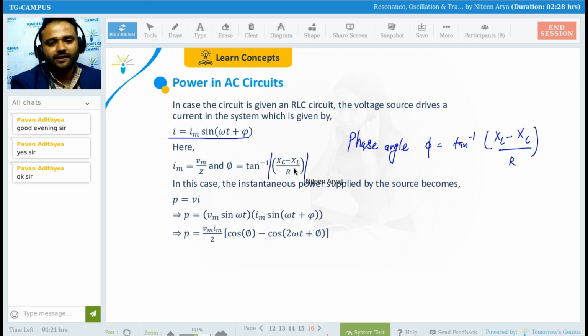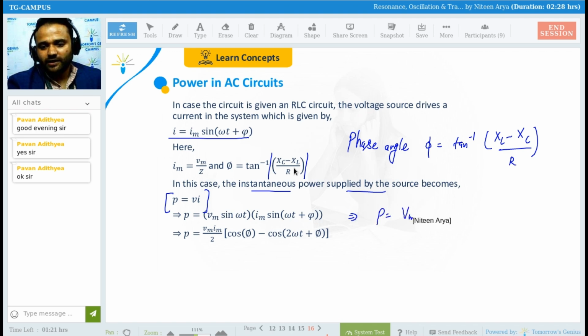That's it. Okay. In this case, the instantaneous power supplied by the source becomes P equals VI, and then putting in the values, Vm sin omega t times Im sin(omega t plus phi). Multiplying and dividing by 2, we get Vm Im divided by 2, times 2 sin omega t sin(omega t plus phi).